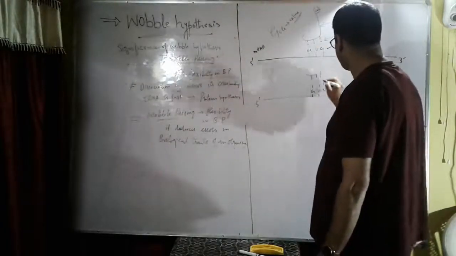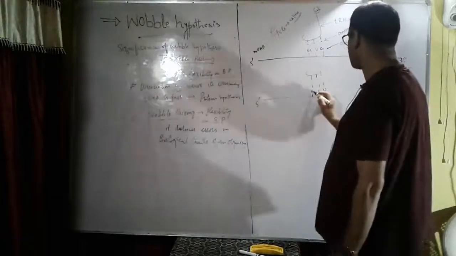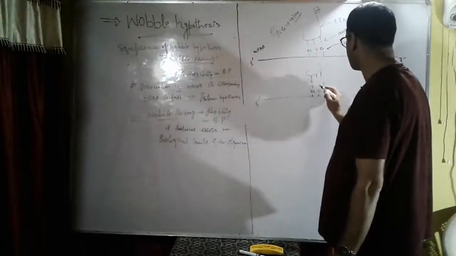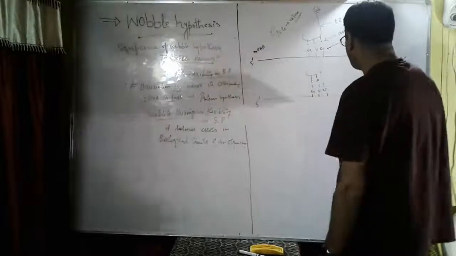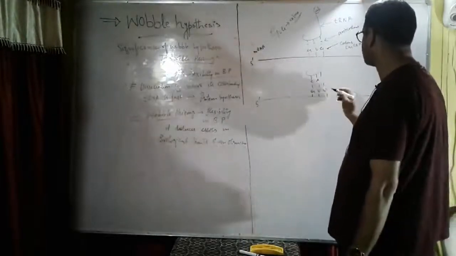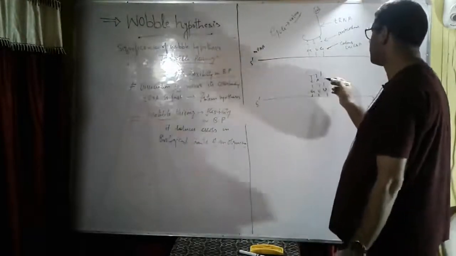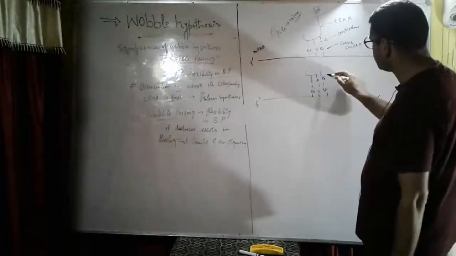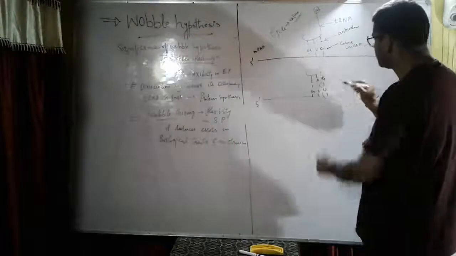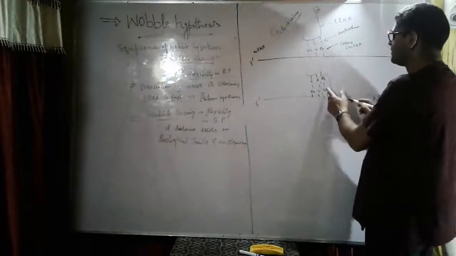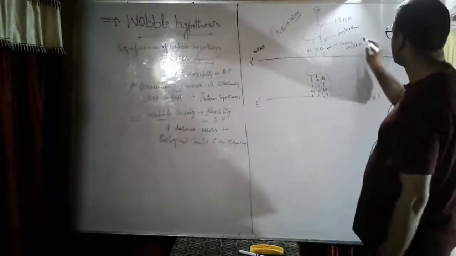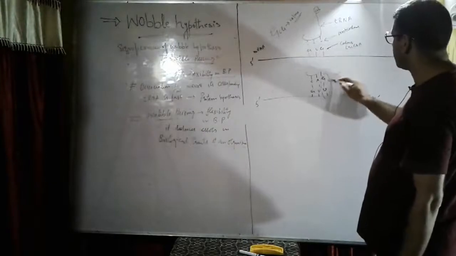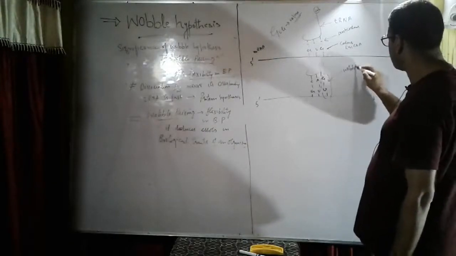In this tRNA, guanine pairs with cytosine, uracil pairs with adenine, and uracil normally pairs with adenine, but it can also pair with guanine. So it means that there is flexibility in base pairing. This is wobble pairing.